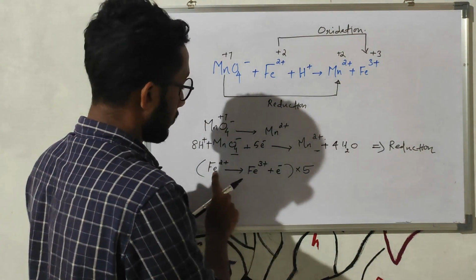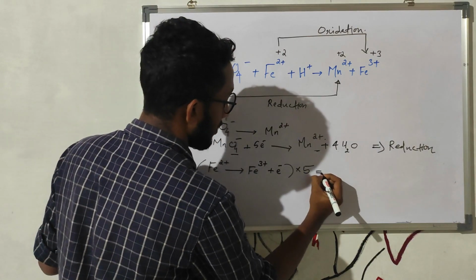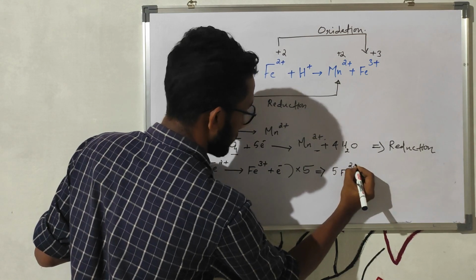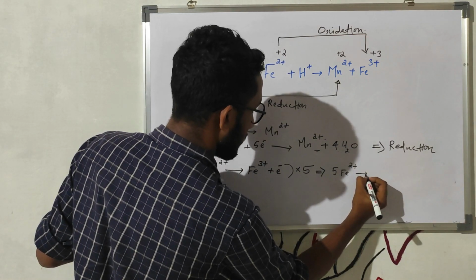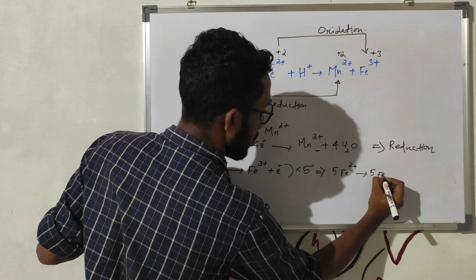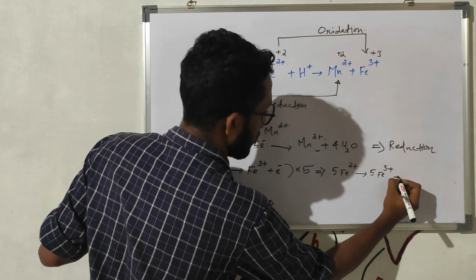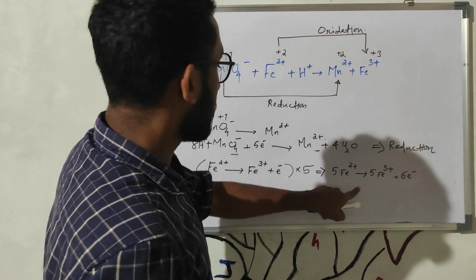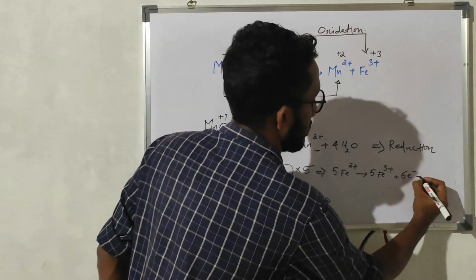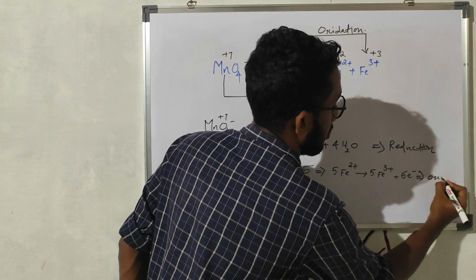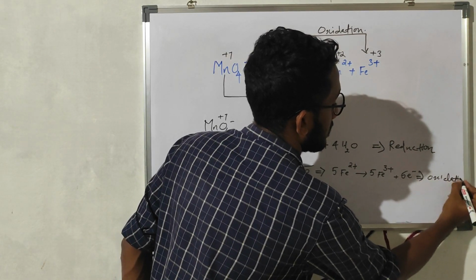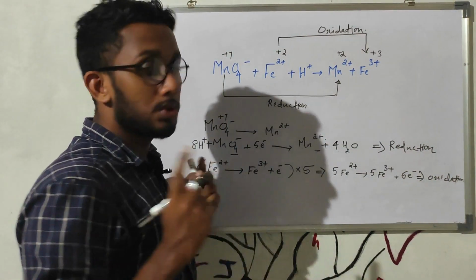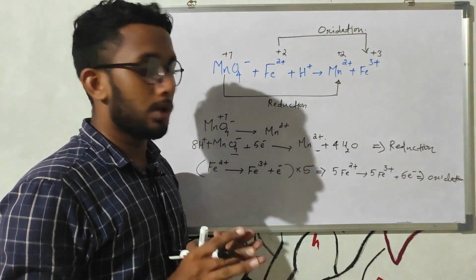We get 5 Fe2 plus gives 5 Fe3 plus plus 5 electrons. Sorry, this is the oxidation reaction.